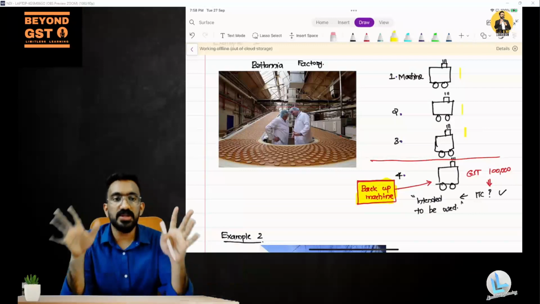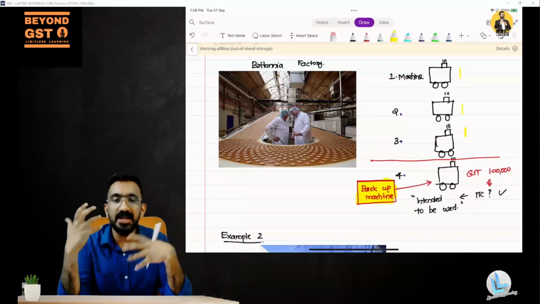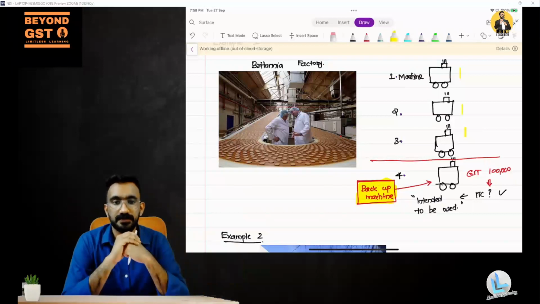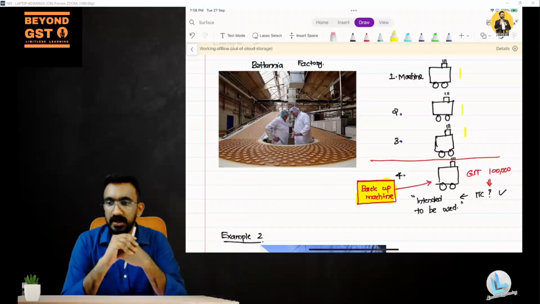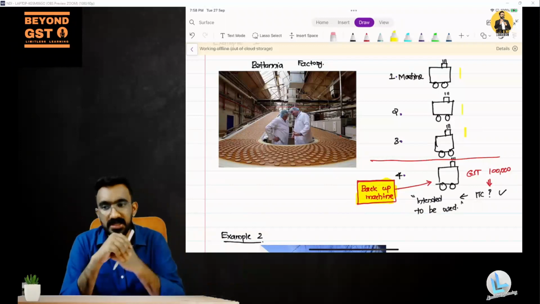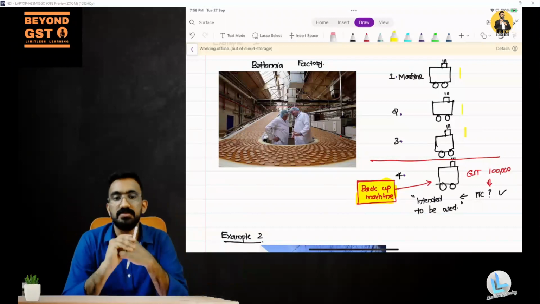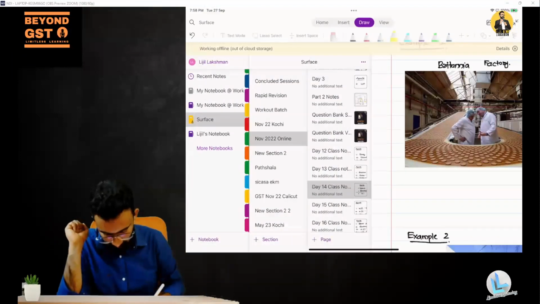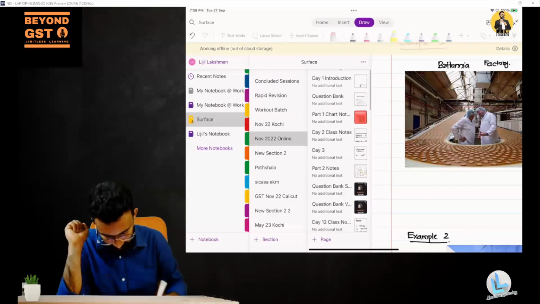Am I eligible to claim ITC on the purchase of this 4th machine? What's your answer? Yes, you're eligible to claim ITC on the purchase of this backup machine also. Now, how does that concept come in? For that, you need to look at our notes.